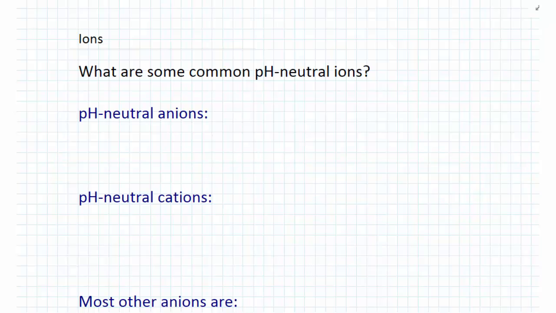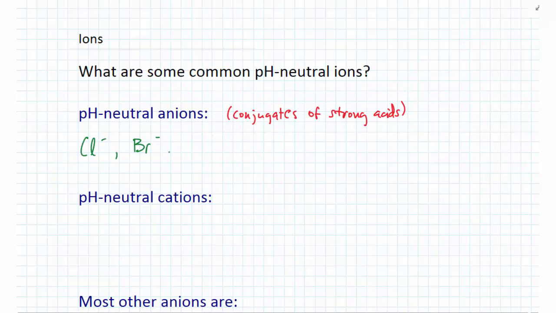So the pH neutral anions are the conjugates of strong acids. Most of the halogens minus fluoride: chloride, bromide, iodide, not fluoride.